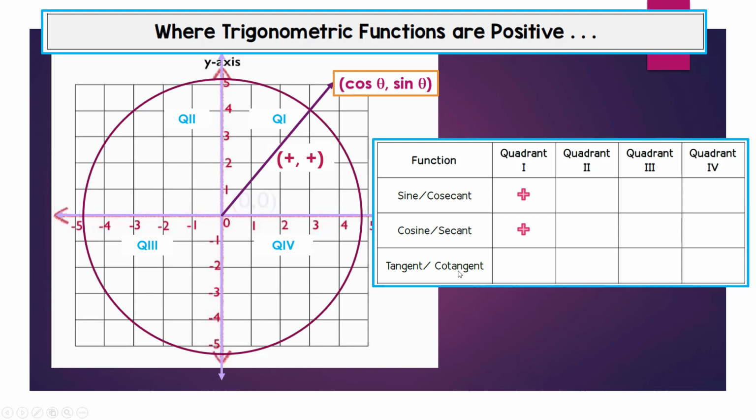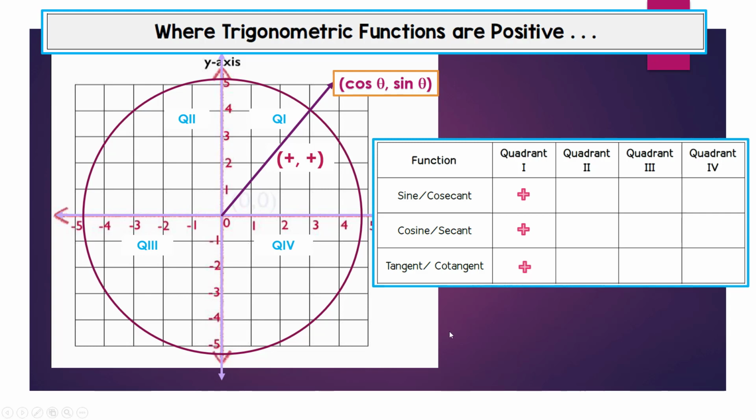We're not dividing here. And then tangent and cotangent are both positive. Why? Because we do sine over cosine or cosine over sine. Either way, it comes out to be positive. So in the first quadrant, all of our trigonometric functions are positive.